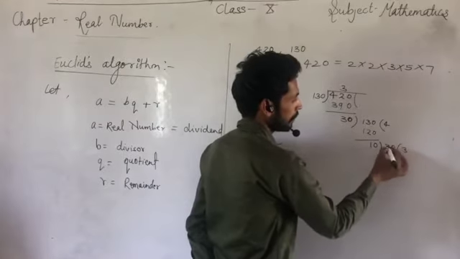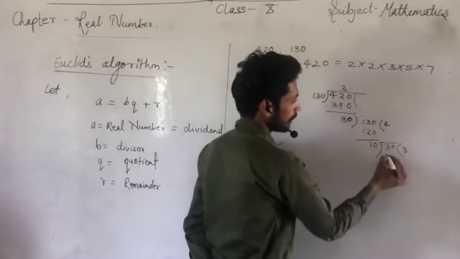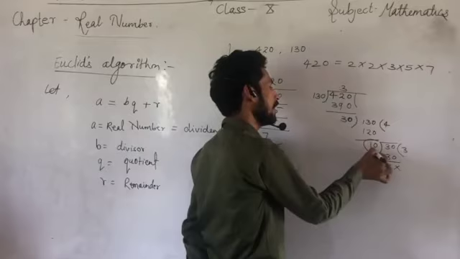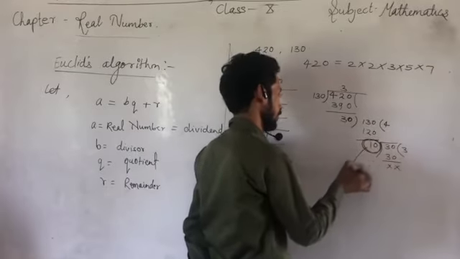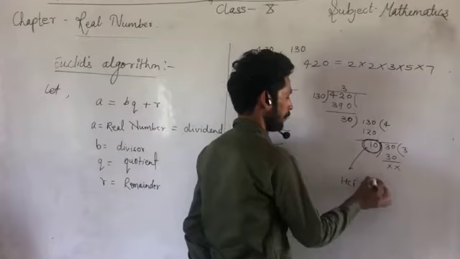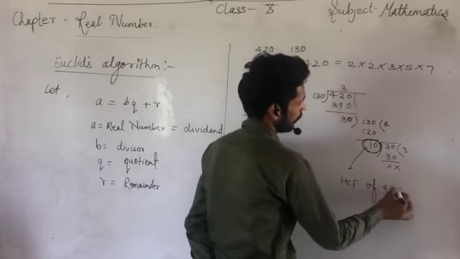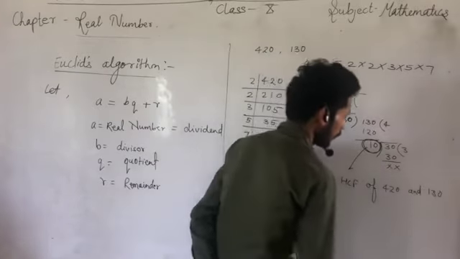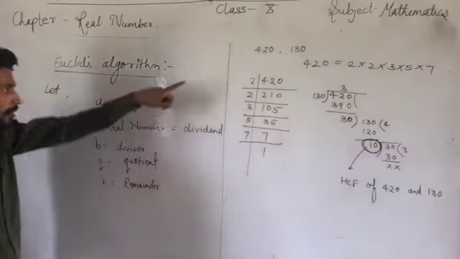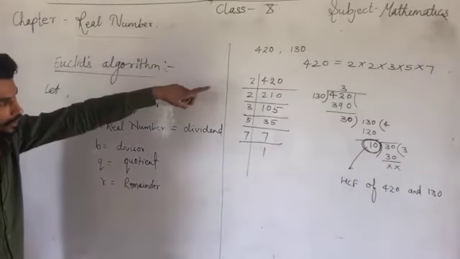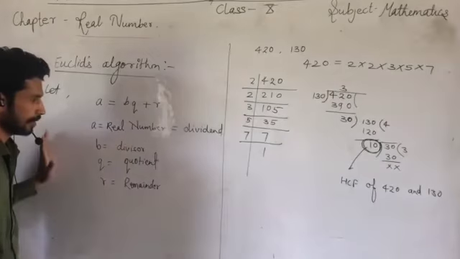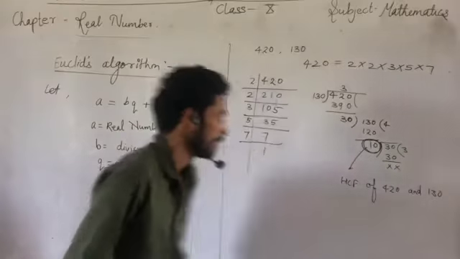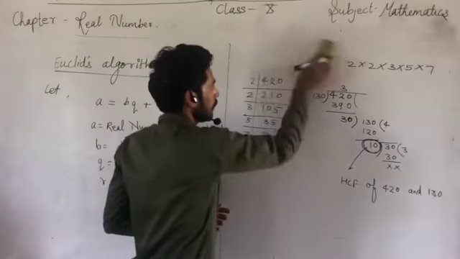Now 3 times when we go, 10 threes are 30 and there is no remainder. So the final divisor is the HCF of 420 and 130. Don't worry, here we only took an example, and we will go one step at a time. So as a rough figure, remember it.